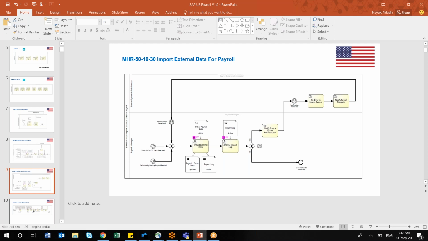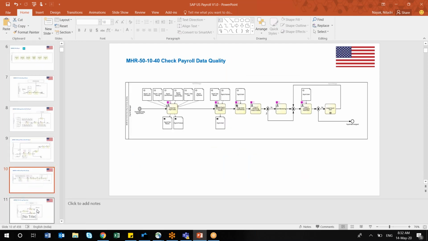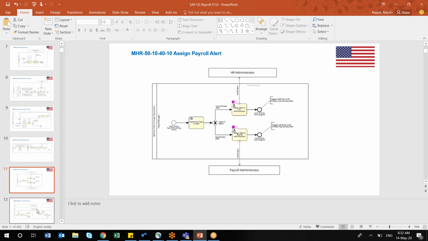These diagrams will be very helpful when you are speaking to a payroll administrator who is more from a business background. You can discuss these topics with him. All these things we have seen earlier, and I try to focus on them once again.